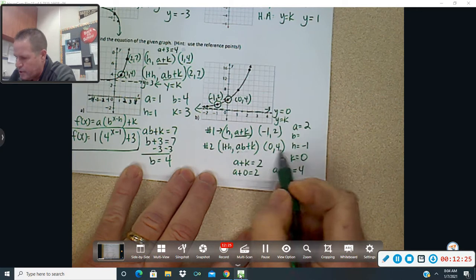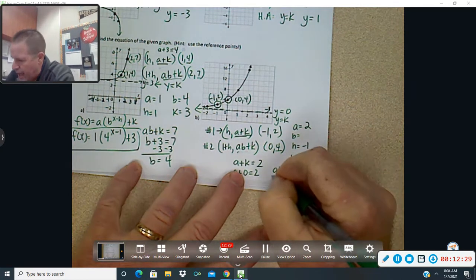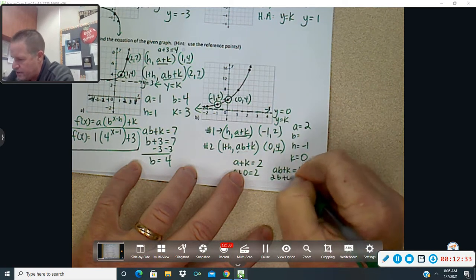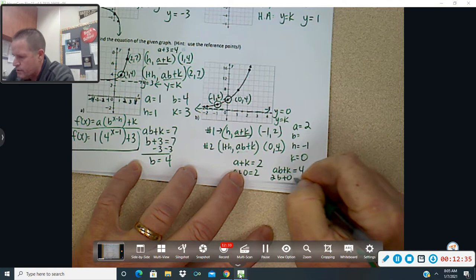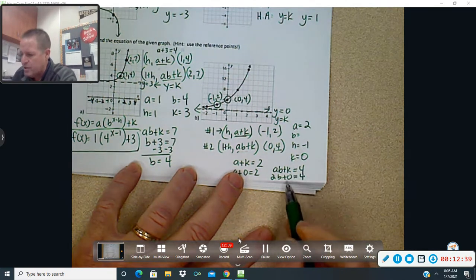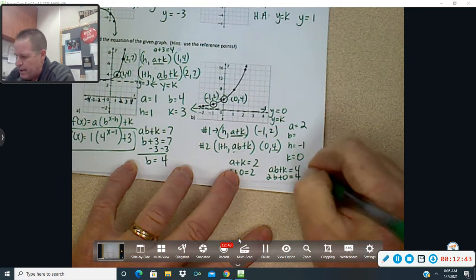This part should equal that part. So A times B, well, A is 2, B, plus K, K is 0, equals 4. We're going to go ahead and divide each side by 2 there, because there's no number to subtract over. And B then equals 2.